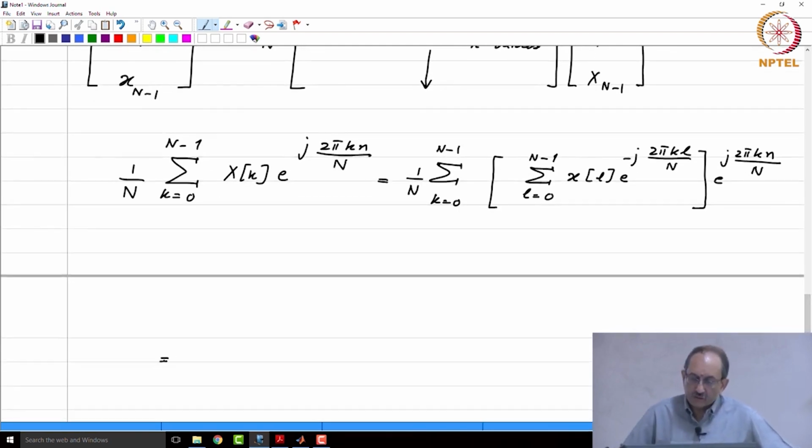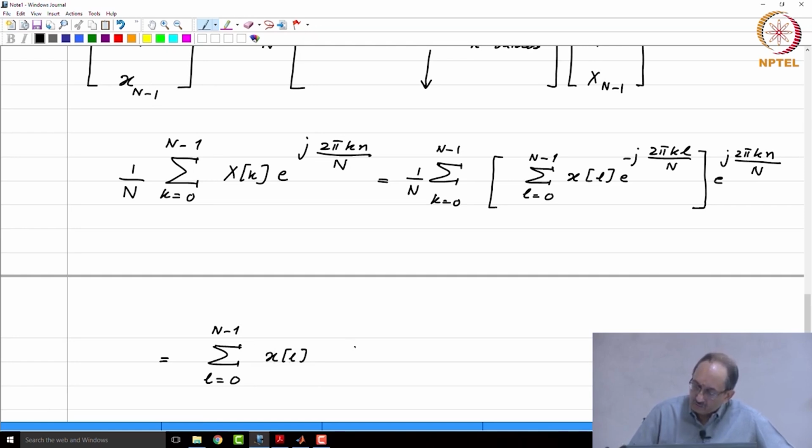Now, you can interchange these two summations without any worries because these are finite summations, and hence you go from L equal to 0 to n minus 1 x of L, and now look at this.